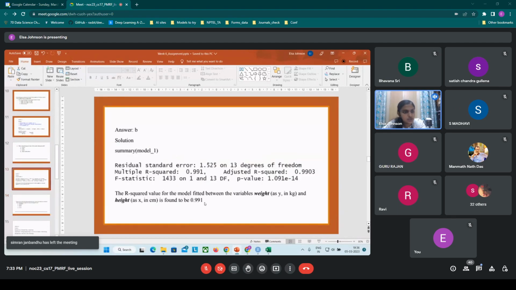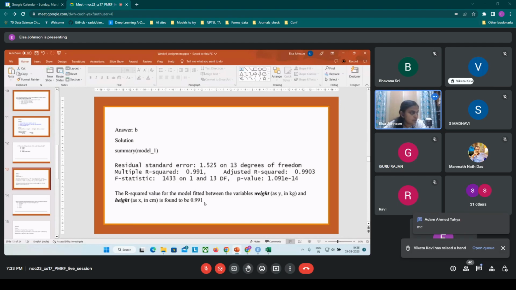Is anyone working parallelly in R Studio in this lecture? I think you might not be having the data set, am I right? Okay, Kavi, why have you raised a hand? You can unmute yourself and ask the question.